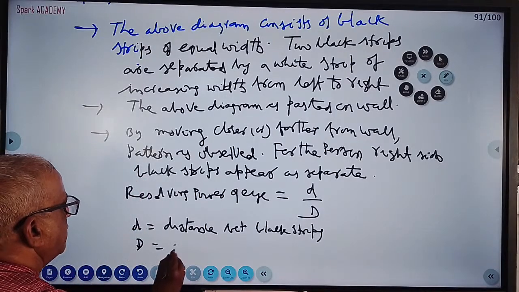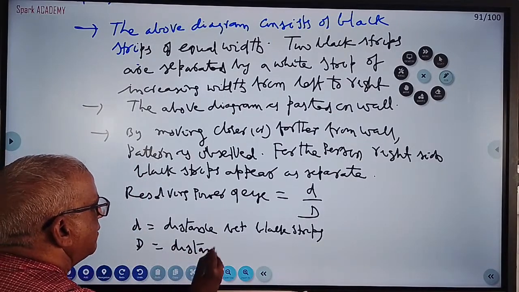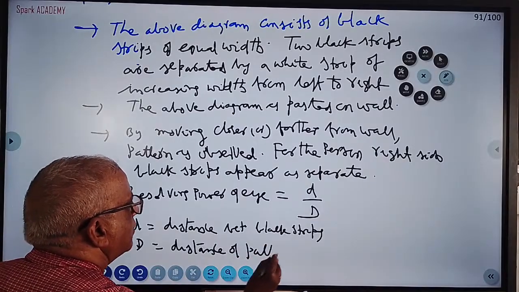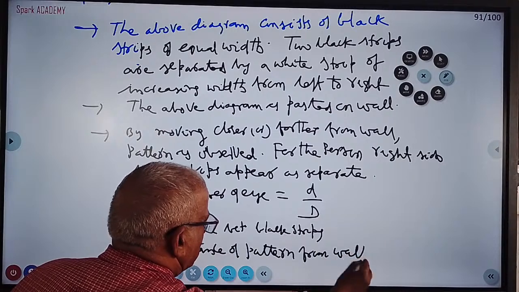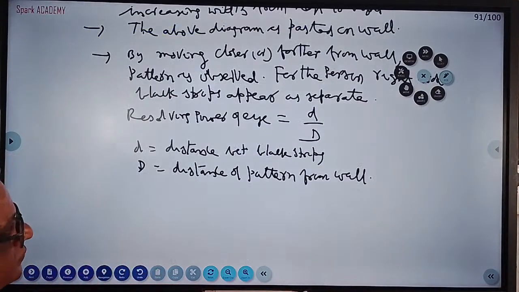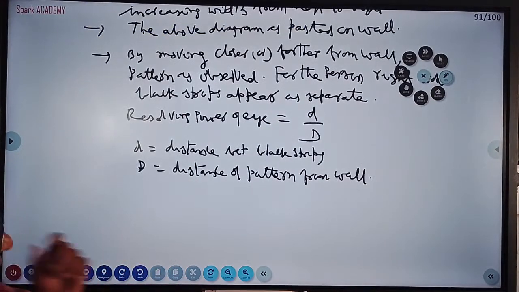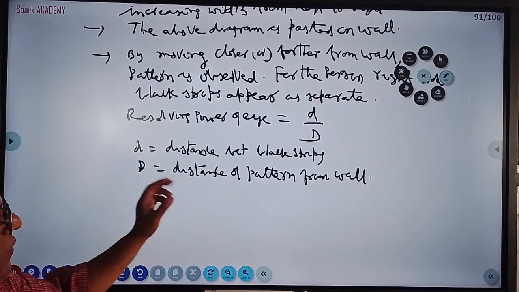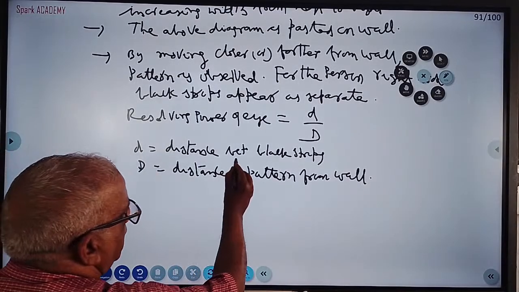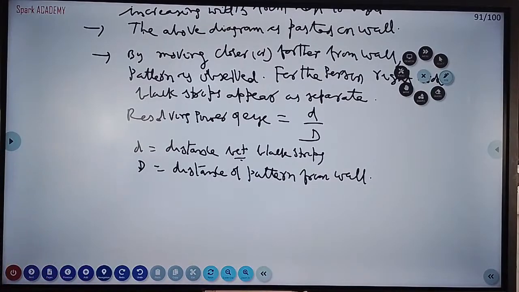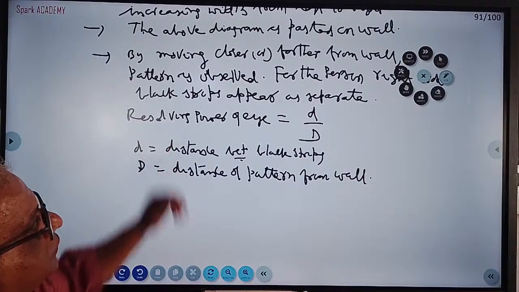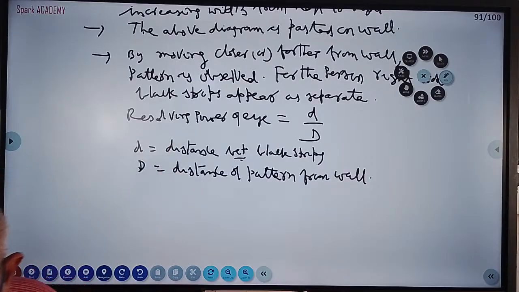Capital D is the distance of the pattern from the wall. Distance between black strips means that is the white strip width. That is the formula. So this is how you are finding the resolving power of your eye.